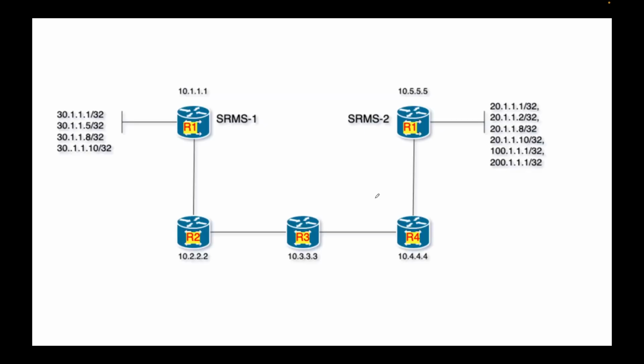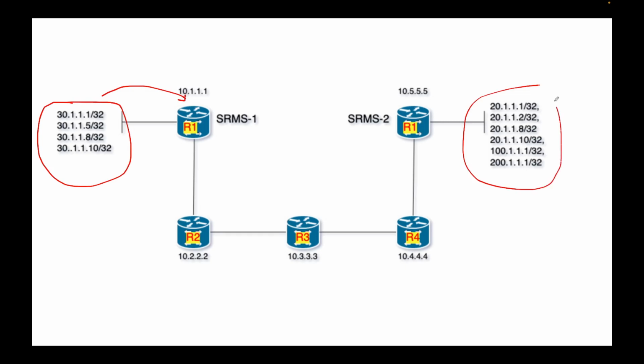So this is today's lab where R1 has connected some prefixes which I am going to redistribute into ISIS, and R5 has some prefixes which will be redistributed into ISIS on R5. R1 and R5 both are acting as a segment routing mapping server.